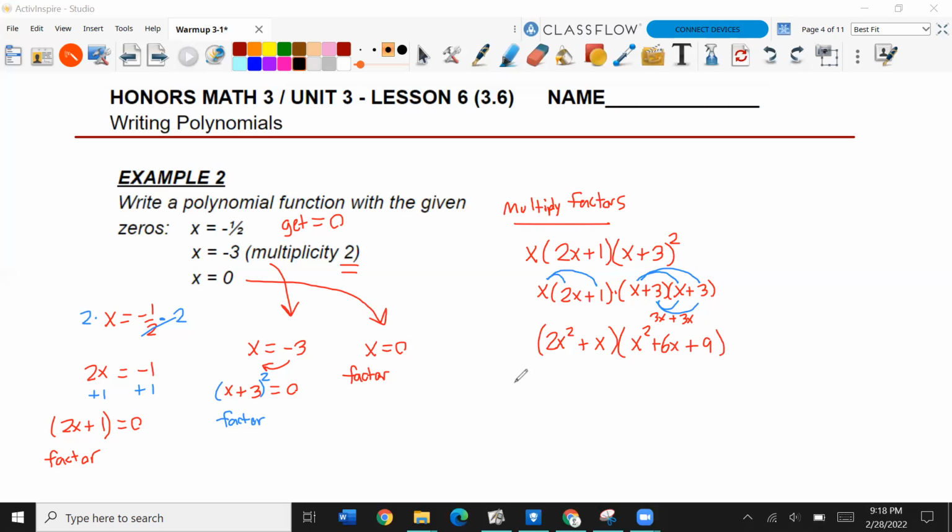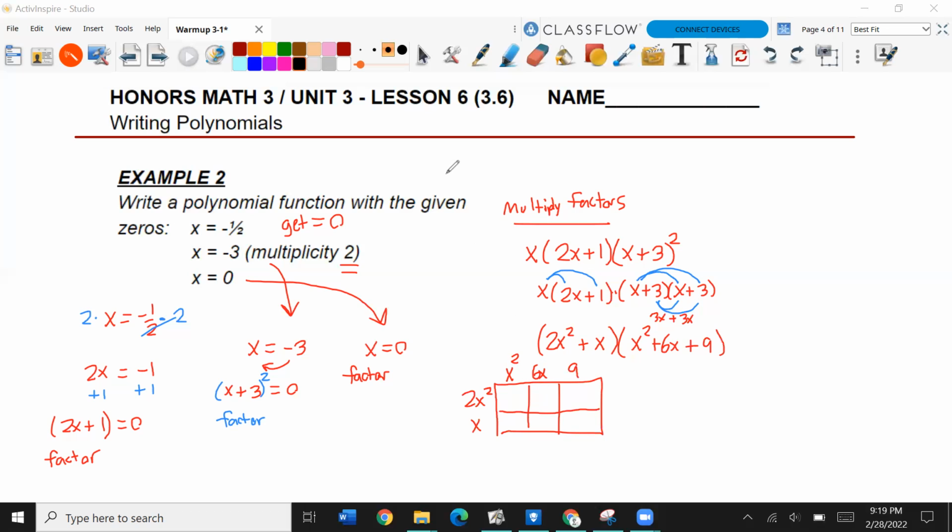Now from here, I recommend using the box method to get your full simplified answer, because we do want to actually have this multiplied together. So I am going to throw this in the box method here. And let's go ahead and write that in there. So 2x squared and x will go along the one side. We got x squared, 6x, and 9.